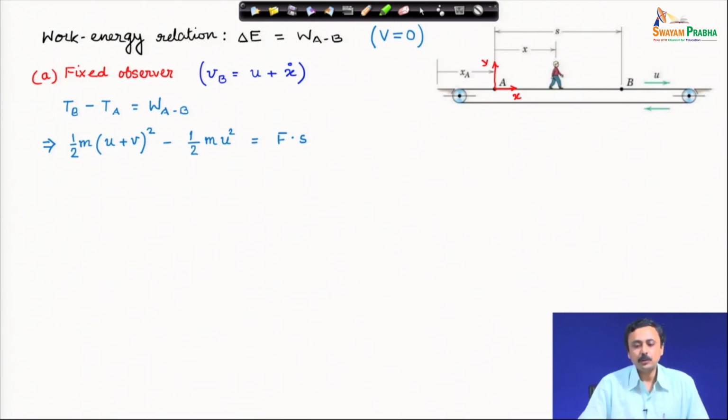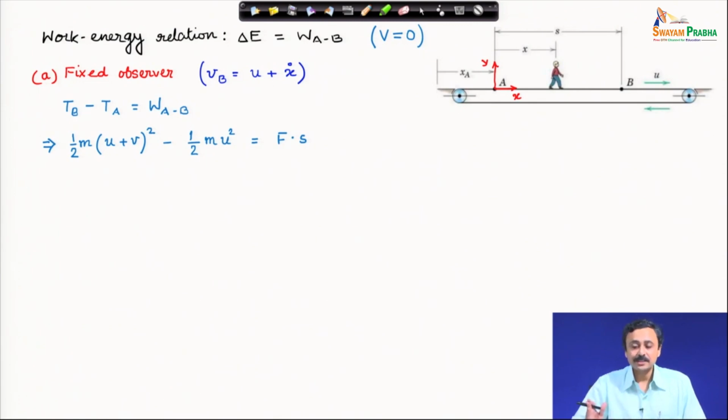and that must be equal to the work done by all the forces acting on the boy as he moves from A to B. Now, as a fixed observer, S is the distance, as I mentioned; A and B are points fixed in the ground fixed frame.